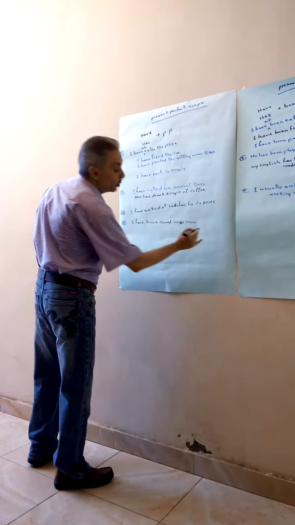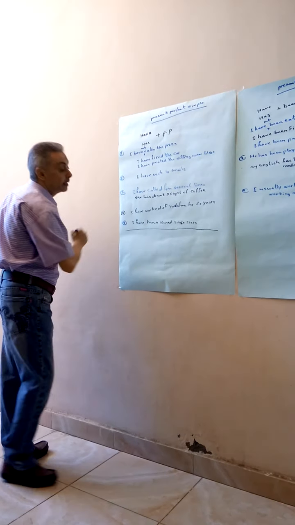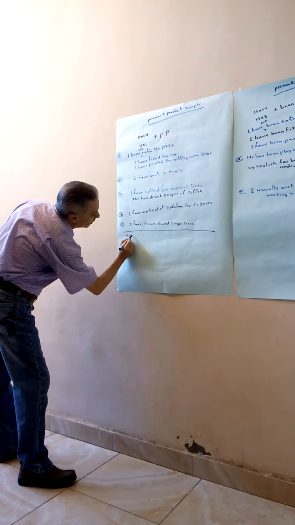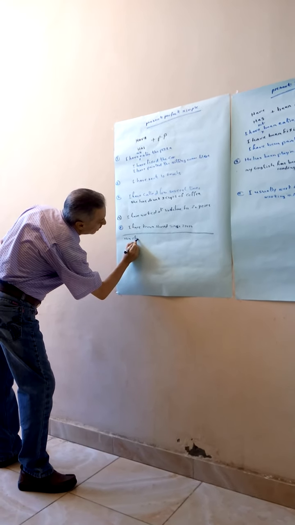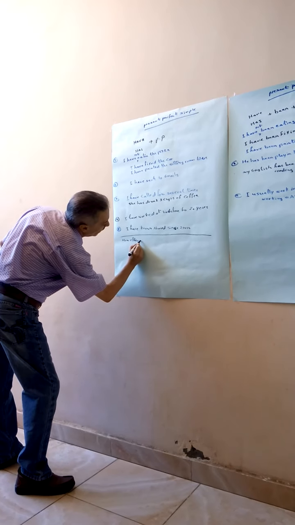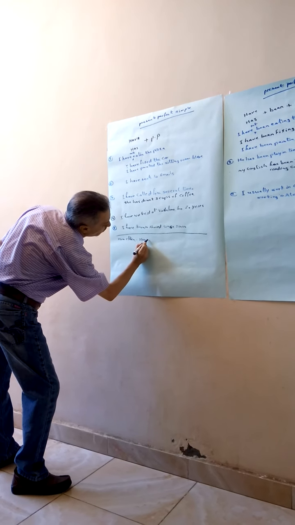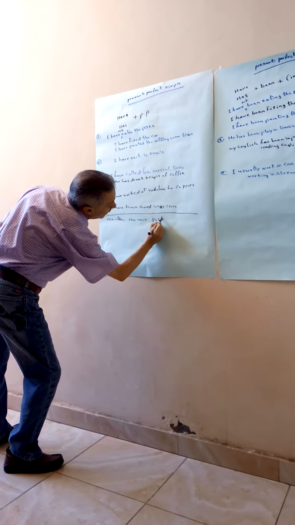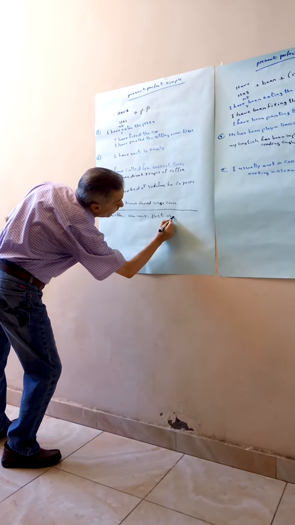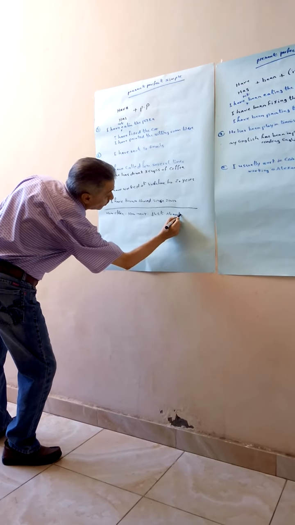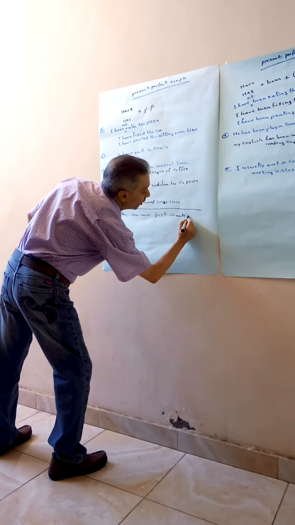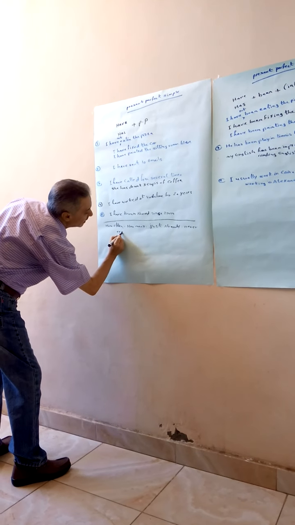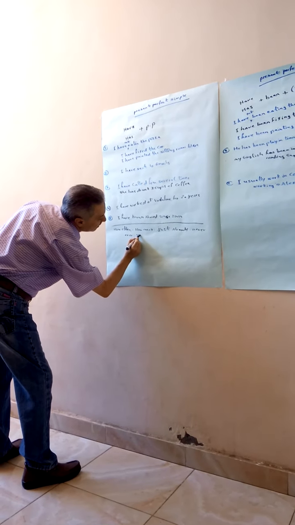Adverbs used with present perfect simple, like how often, how many, just, already, never, ever, yet.